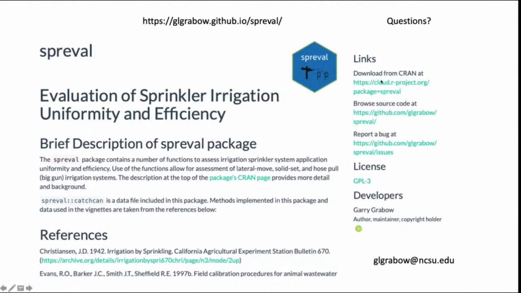You can download that from the CRAN site or from my GitHub site here. It's really more geared for agricultural irrigation, but some of the functions in there can be used just as well for landscape or golf course irrigation. Anyway, that's just for your FYI.